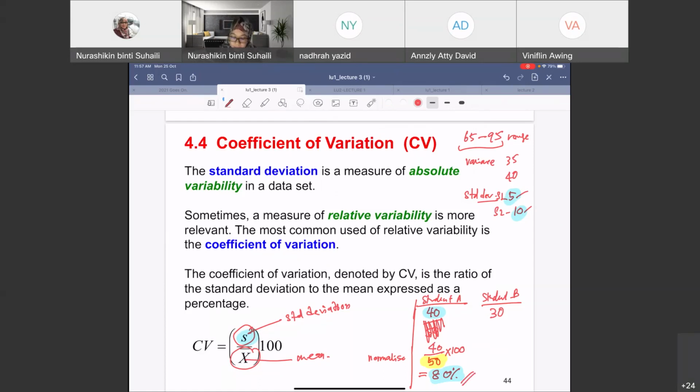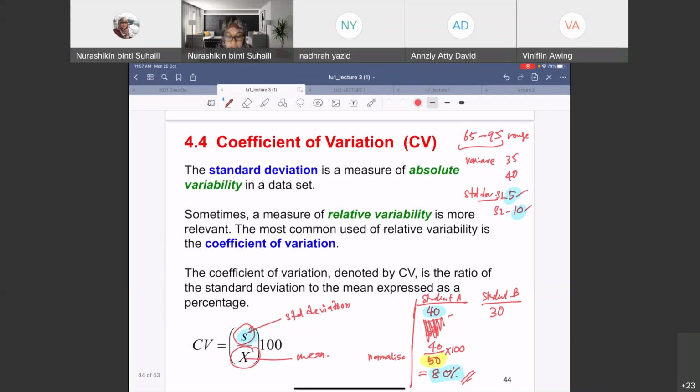Rather than comparing 40 and 80%, with 80% you have a better idea. The same goes for the coefficient of variation. It is in the form of a percentage, so it is more meaningful than the standard deviation values. That's why we have this.